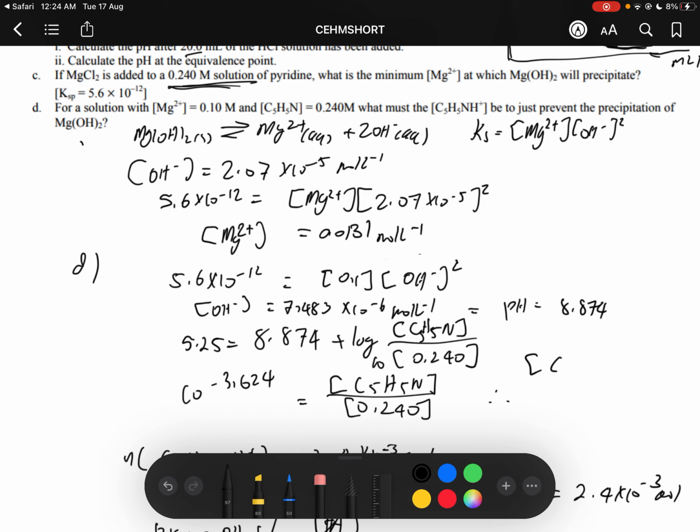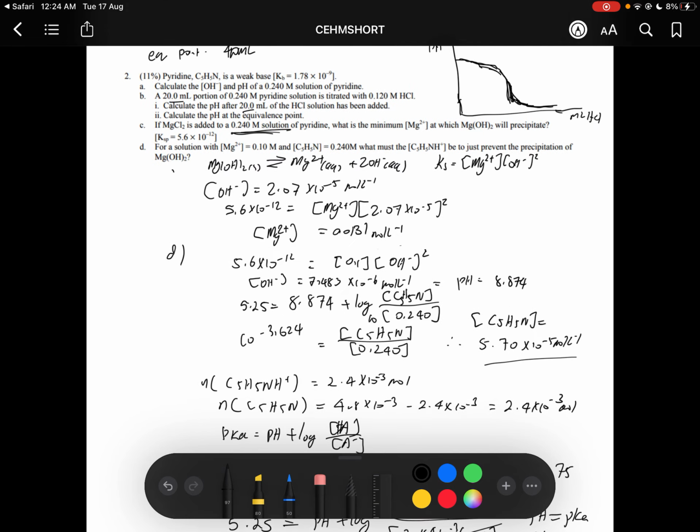Therefore the concentration of C5H5N is equal to 5.70 times 10 to the power of negative 5 mole per liter. And that's our final answer for this question.